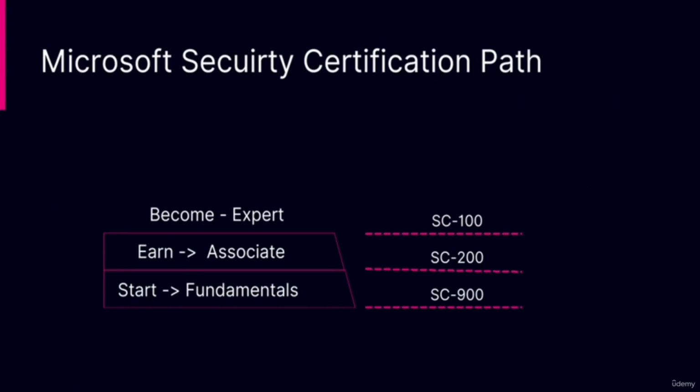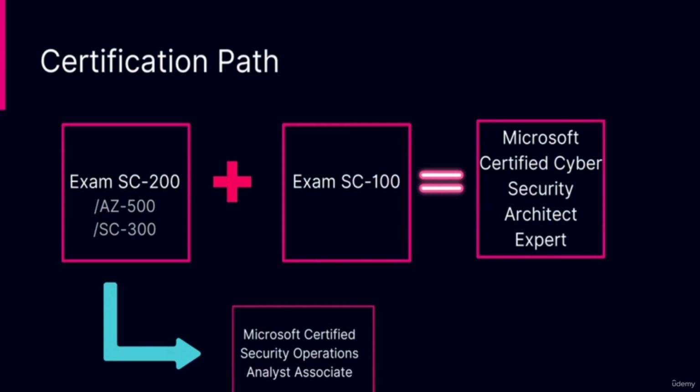And then you can take the SC-100 exam and become an expert. Keep in mind that the SC-100 exam has a prerequisite. Let's now take a look at the prerequisite for the SC-100 exam. So you can take SC-200 and become Microsoft Certified Security Operations Analyst Associate.